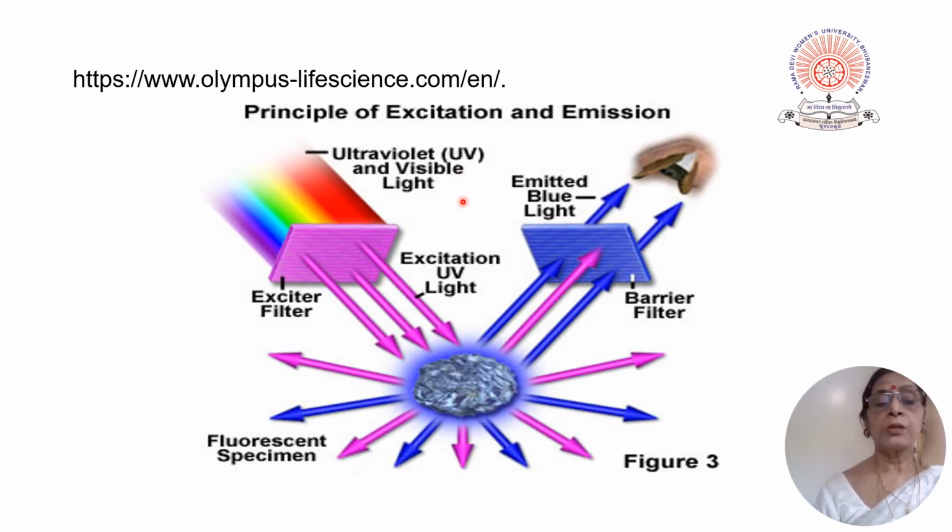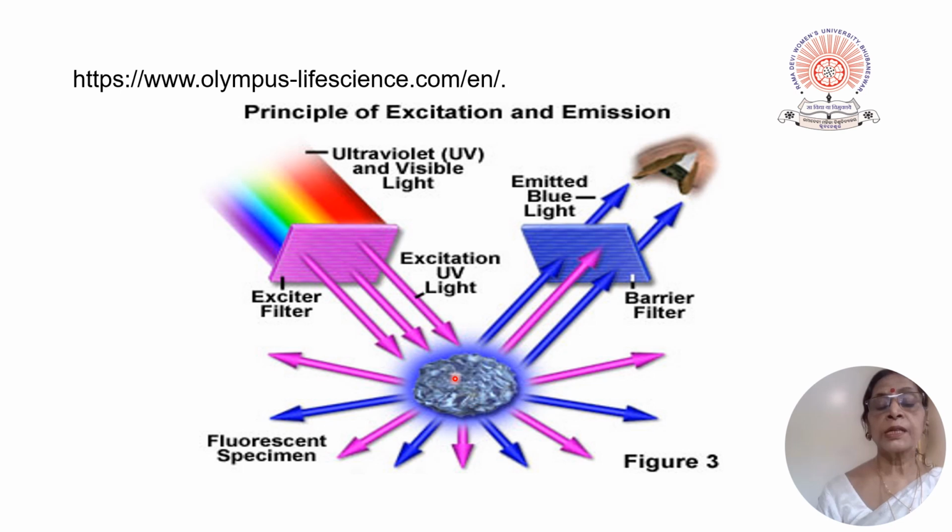This image shows the principle of excitation and emission in a fluorescence microscope. The excitation filter selects the particular wavelength, and excitation UV light is selected. In this example, the UV light is selected and it is focused on the specimen, which is labeled by fluorochromes.